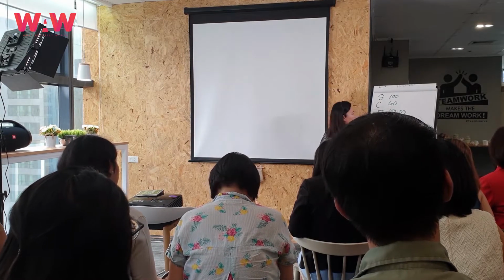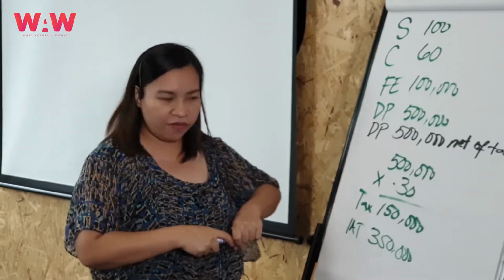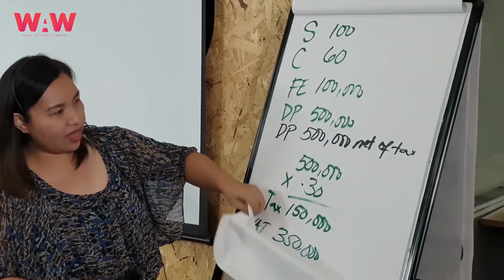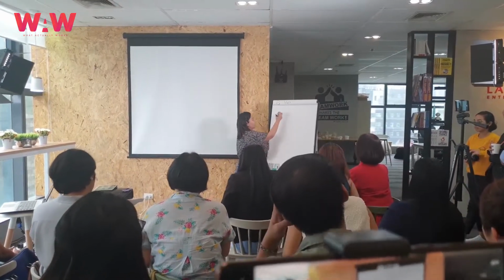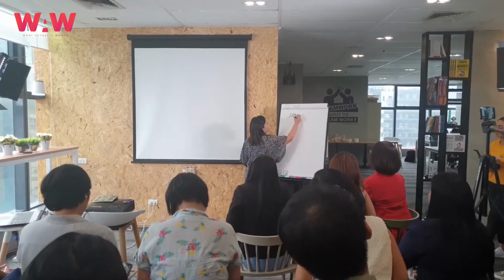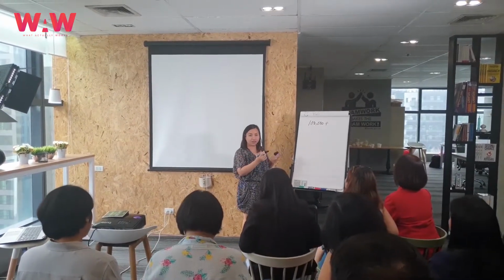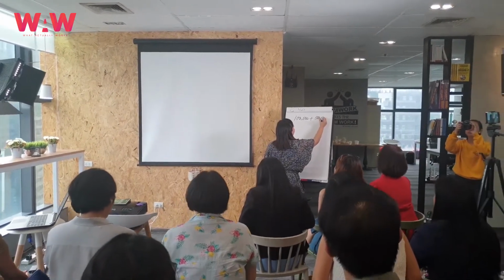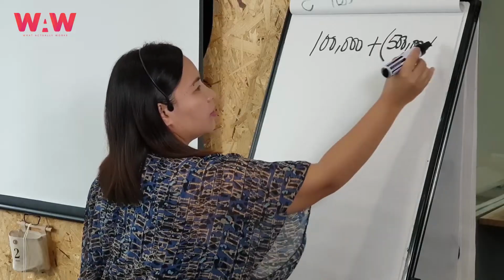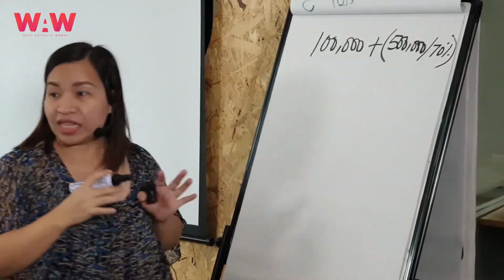What we're going to do first is we still put the fixed cost. Can I use another page? So fixed cost of 100,000 plus your 500,000 net of tax. But you have to divide that first by 70% to get the whole amount.